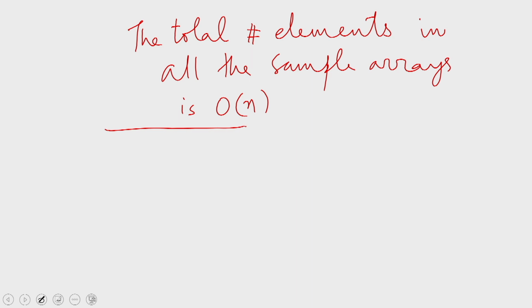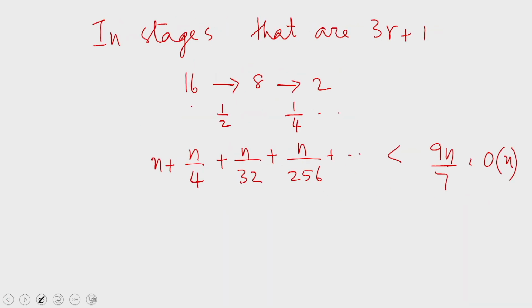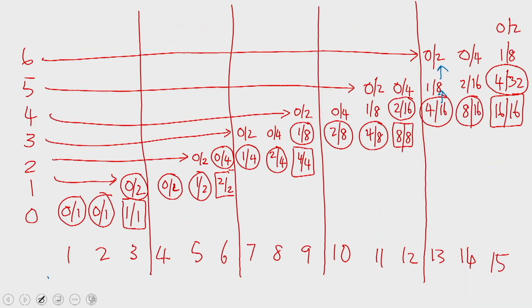So, this part I am leaving to you as an exercise, and I would also like you to do this formally. Write a formal proof. Here, of course, we have looked at this example and have generalized from this, but formally prove that in all stages that are numbered with multiples of 3, the cache sizes would decrease by a factor of 4 as we go up, and similarly for the other stages.